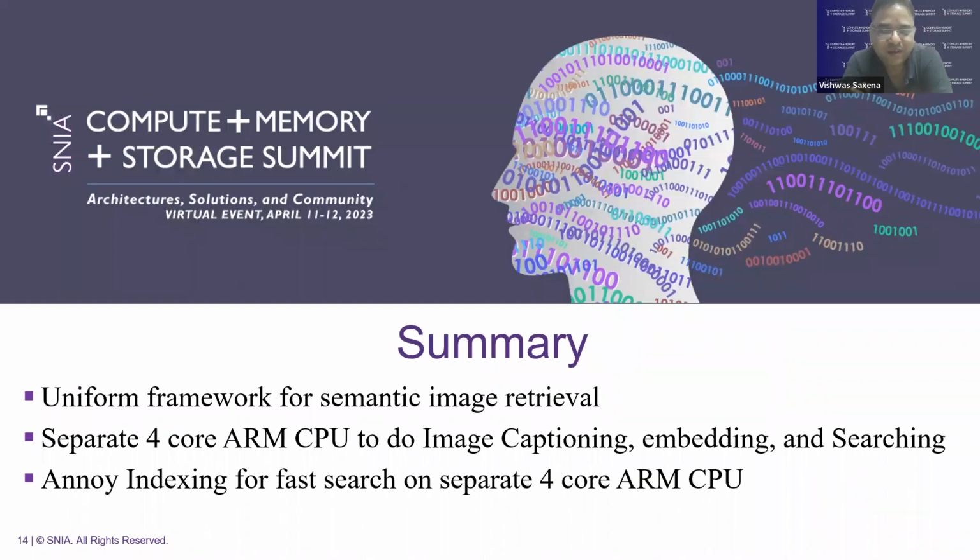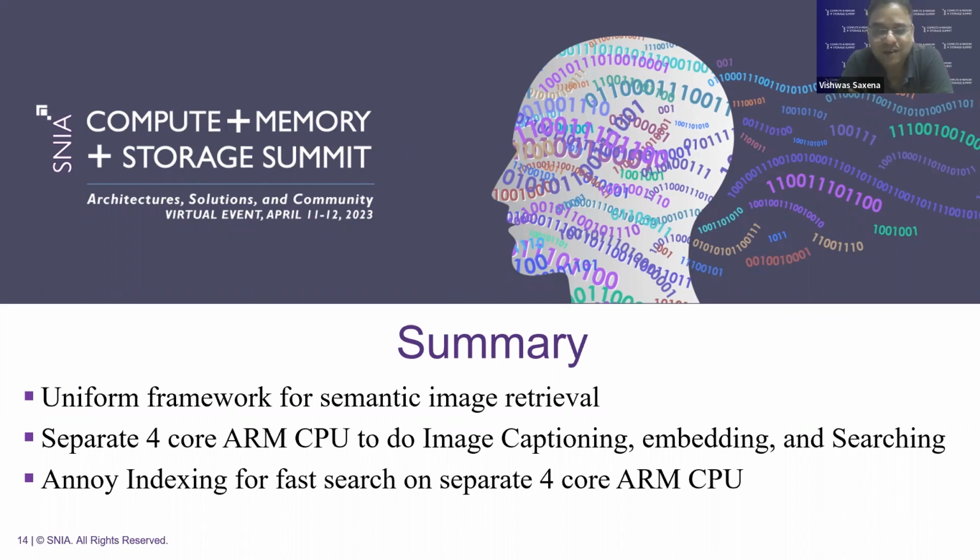So in summary, friends, we defined a uniform framework for semantic image retrieval, which connects various deep learning models for a particular user query to do semantic image retrieval. We defined a separate quad-core ARM CPU inside the SSD to do the image captioning, embedding, and searching.